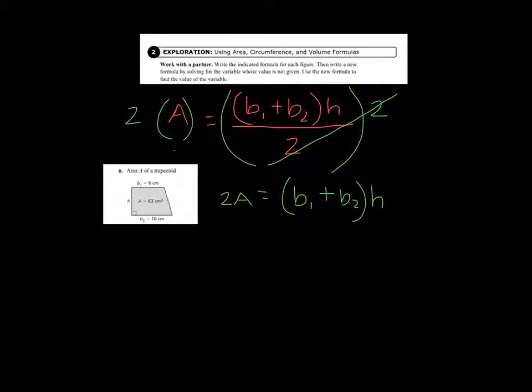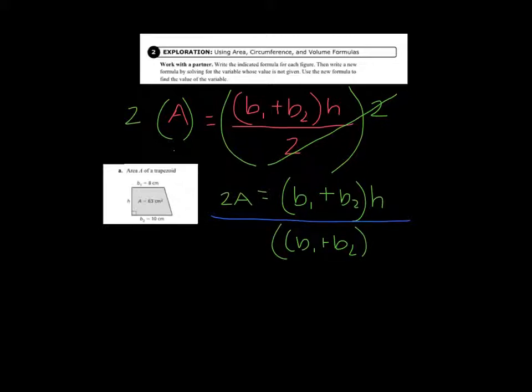The next thing that I want to do is get that b1 plus b2 over to the other side so that h can be all alone. Here we see that they are multiplying h times b1 plus b2. So if I want to undo the multiplication that's occurring, all I have to do is divide by b1 plus b2.